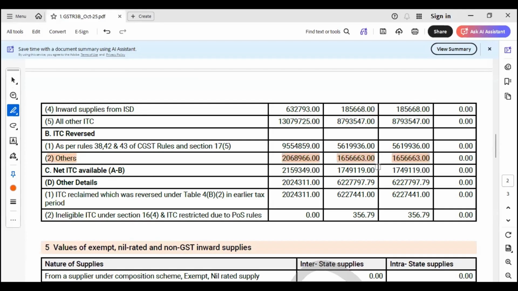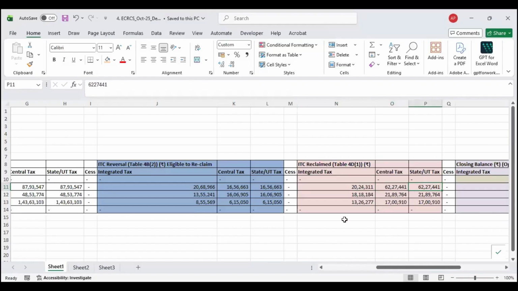Now, when I enter manually, I need to have a working for this, which all invoices I have kept pending for availment. Similarly, if I want to reclaim in the current month from the previous months, again, this is what I'm updating manually. So this is outward entry, this is inward entry, right? 20 lakh 24,000, 62 lakh 27,000. 20 lakh, 62 lakh, 62 lakh.